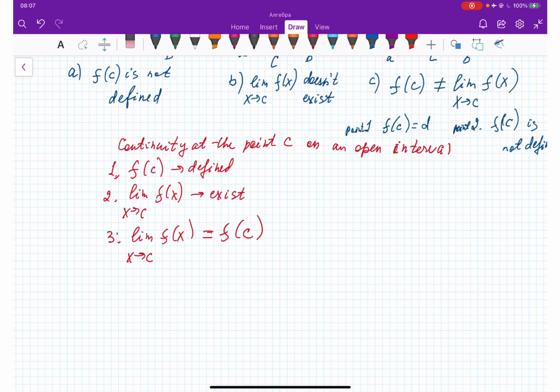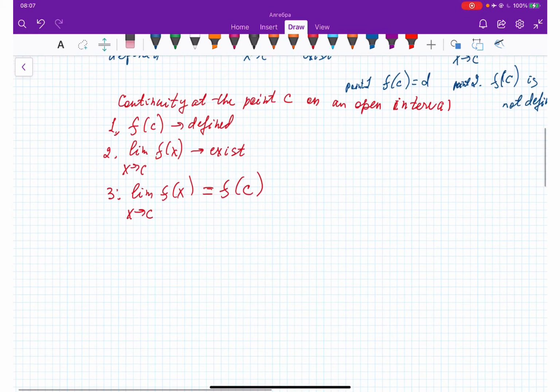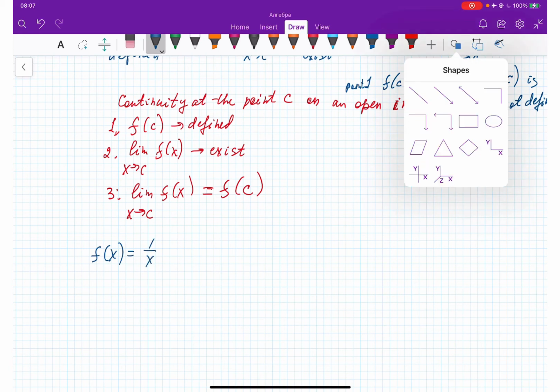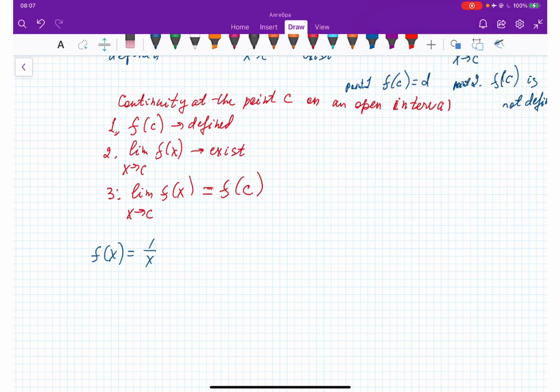So I'm going to use 3 examples. One is going to be f of x equals 1 over x. If I draw the graph, the shape is going to look like that.